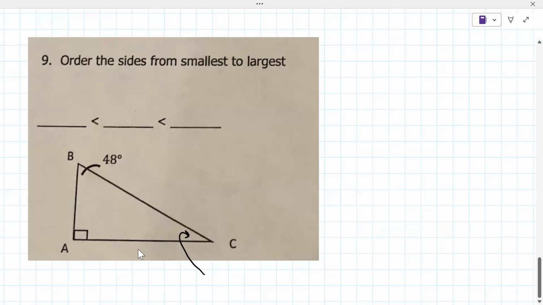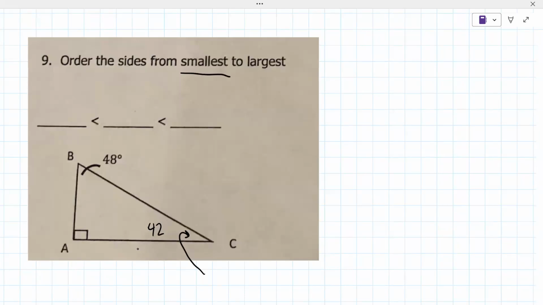42. Okay. So the smallest side is across from the smallest angle.